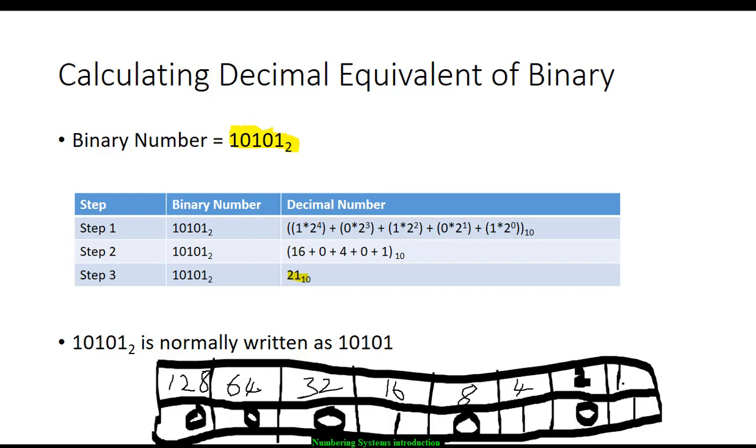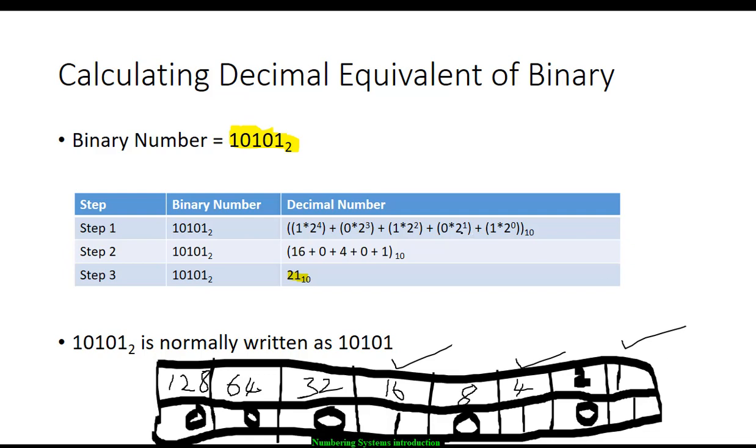Now what you do is you look at those numbers, and then you look at your binary, and wherever you see a 1, that gets added as part of the calculation. So if you look at the 1 here, it's the 1 that's added, it's the 4, it's the 16. You count 16 plus 4 plus the 0 plus 1.